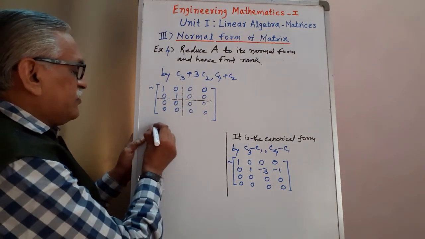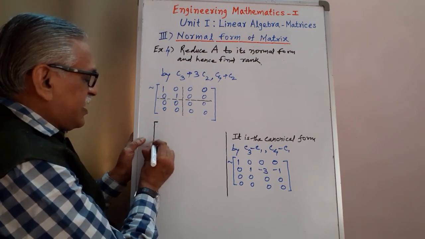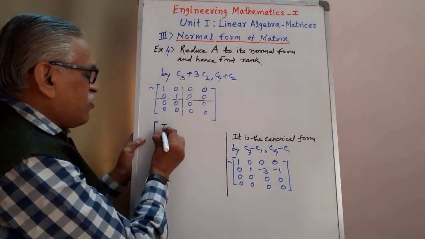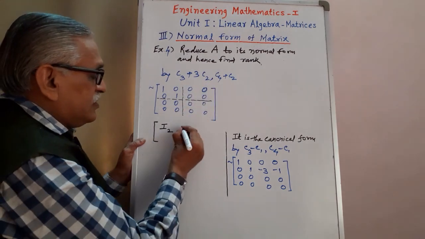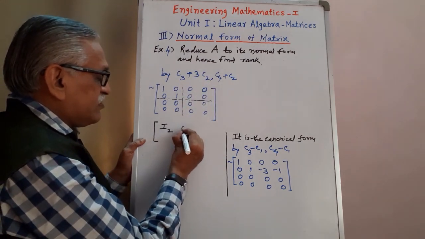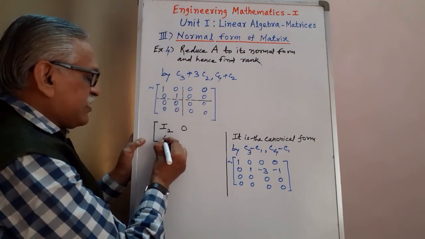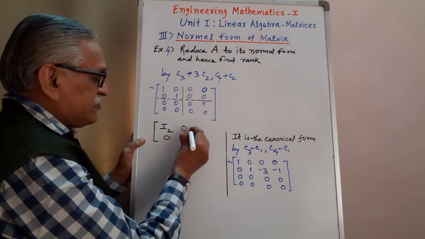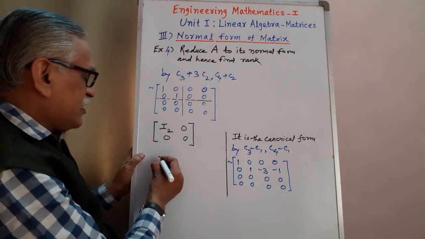And therefore, in symbolic form, that matrix we can write down as: this is the identity matrix of order 2, in front of it a zero matrix, below it a zero matrix, and again in front of it another zero matrix. Therefore this is the required normal form.